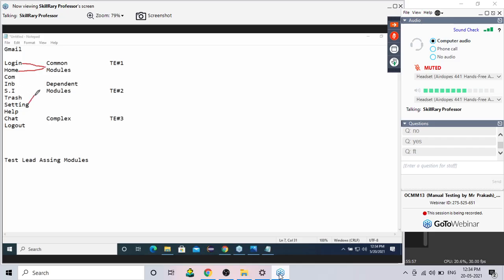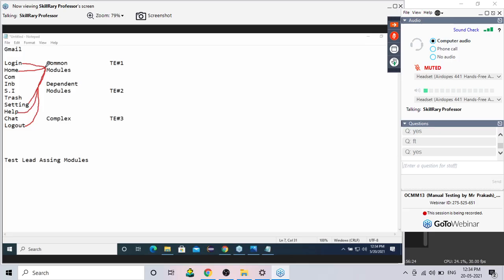Next, settings is also common for everyone. Help is also a common module for everyone, and logout is also a common module for everyone. Is it right answer? Login, home, settings, help, and logout, all these are common modules, because any test engineer can come and use these modules.